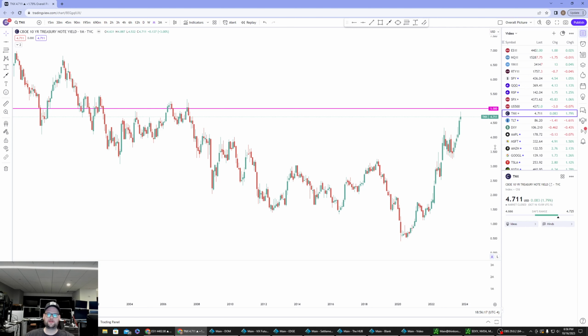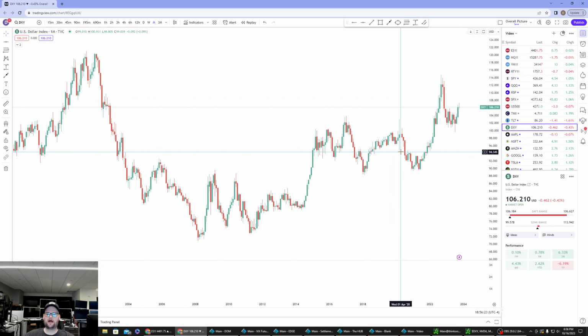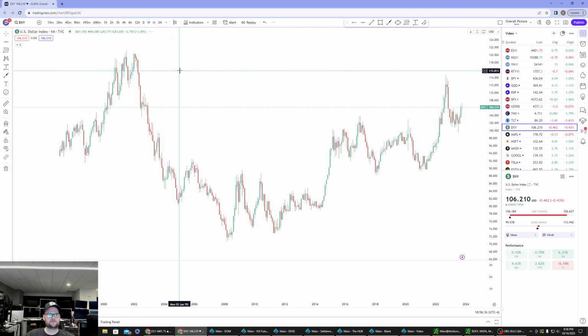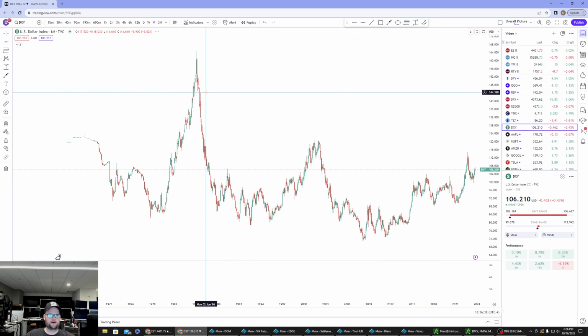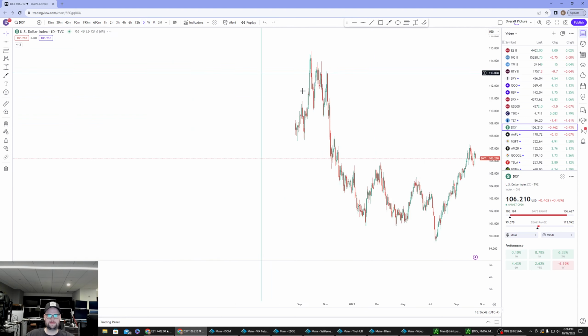A correlation with TNX is usually the dollar index moving higher as well. So usually the higher the dollar index goes, the higher yields will also move. I wanted to point out this key technical area on DXY.